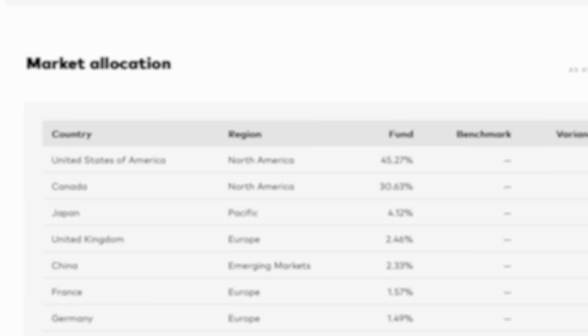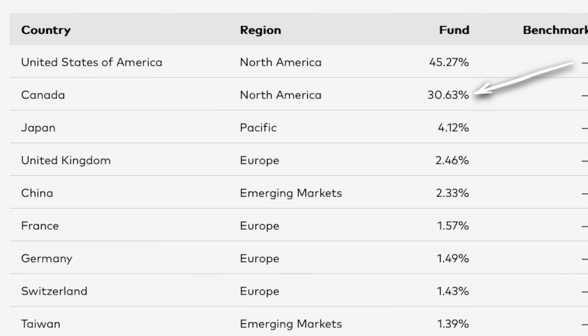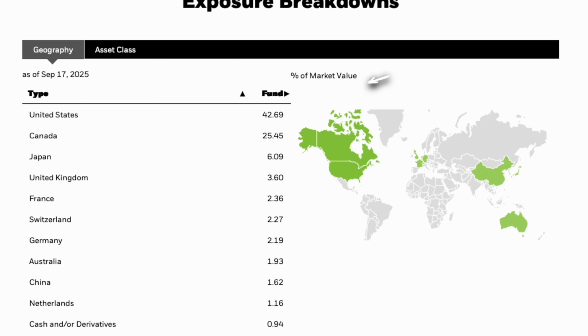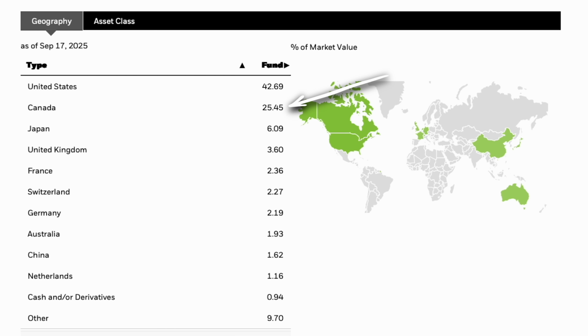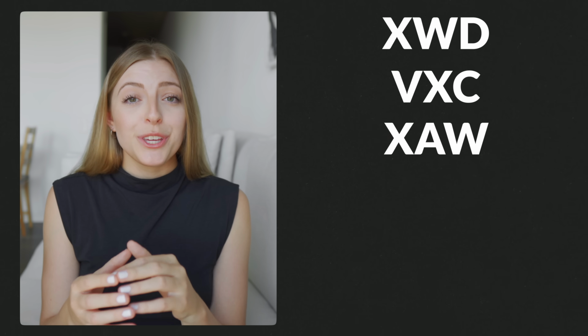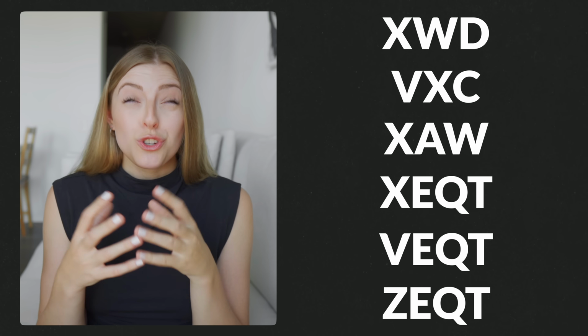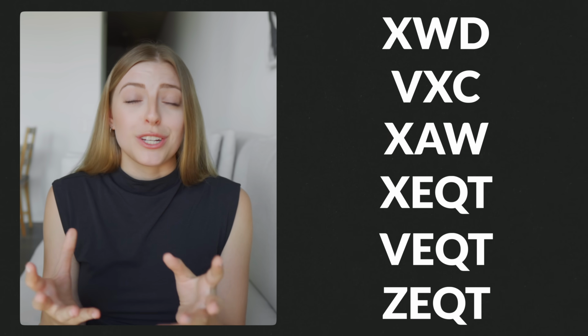So for example, VEQT has 30% of the ETF allocated towards the Canadian market, and then XEQT has 25% of the ETF allocated towards the Canadian market. So you can see from these examples, XWD, VXC, XAW, and then XEQT, VEQT, and ZEQT, that there isn't just one ETF that gives you the perfect global diversification. But we do have multiple different options to choose from that can give you global diversification inside of your investment portfolio.